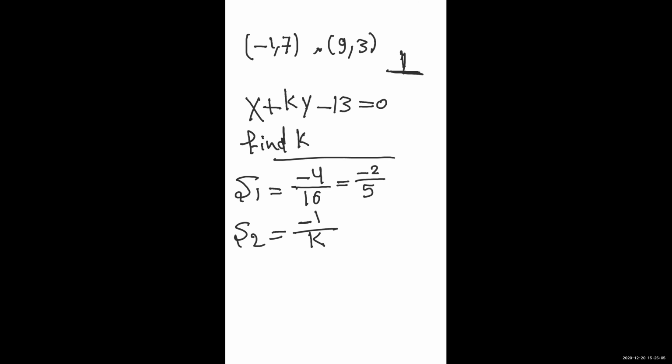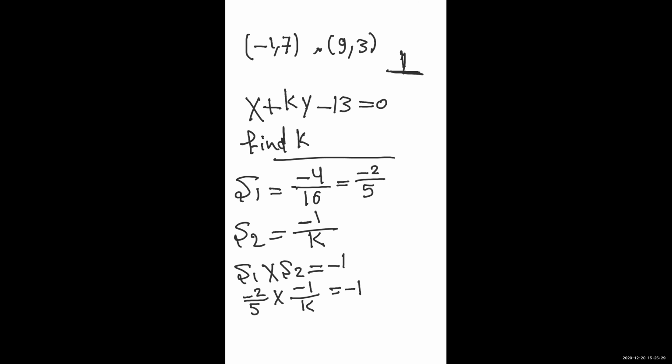These two straight lines are perpendicular, so the product of slope 1 times slope 2 will equal negative 1. So slope 1 equals negative 2 over 5, times slope 2, which is negative 1 over k, equals negative 1.